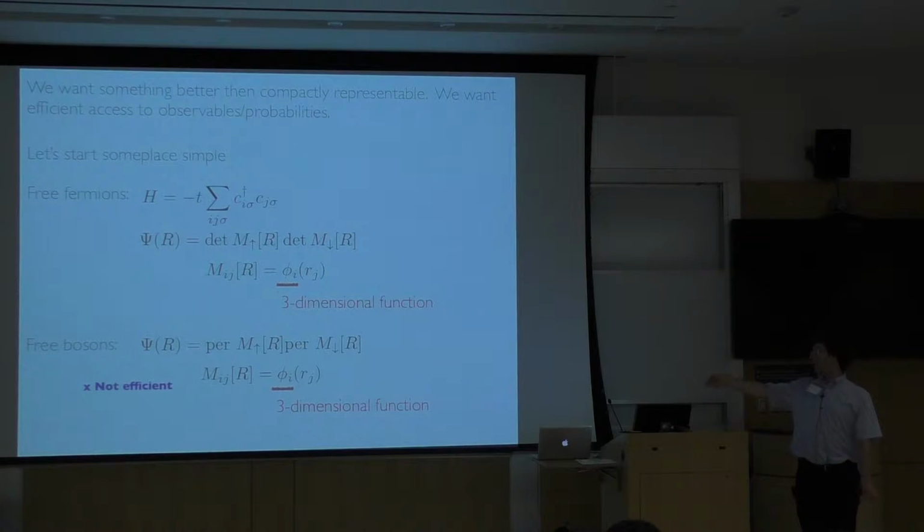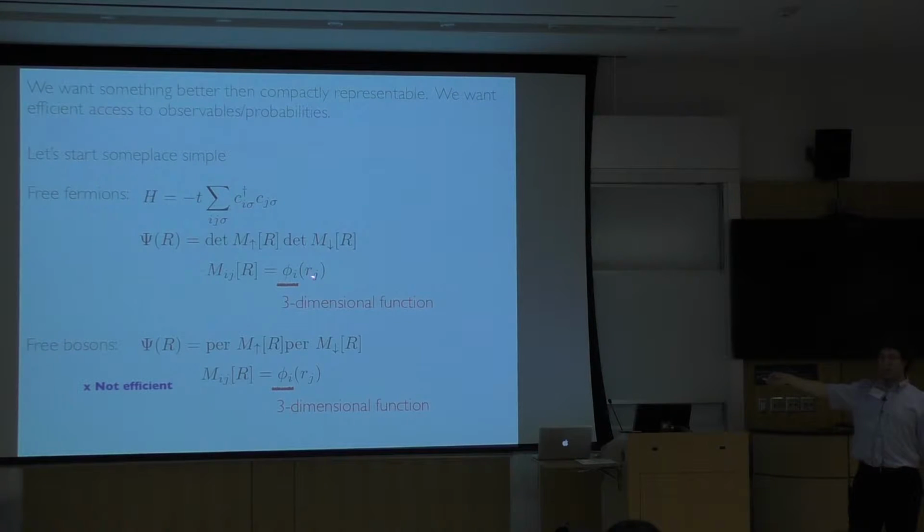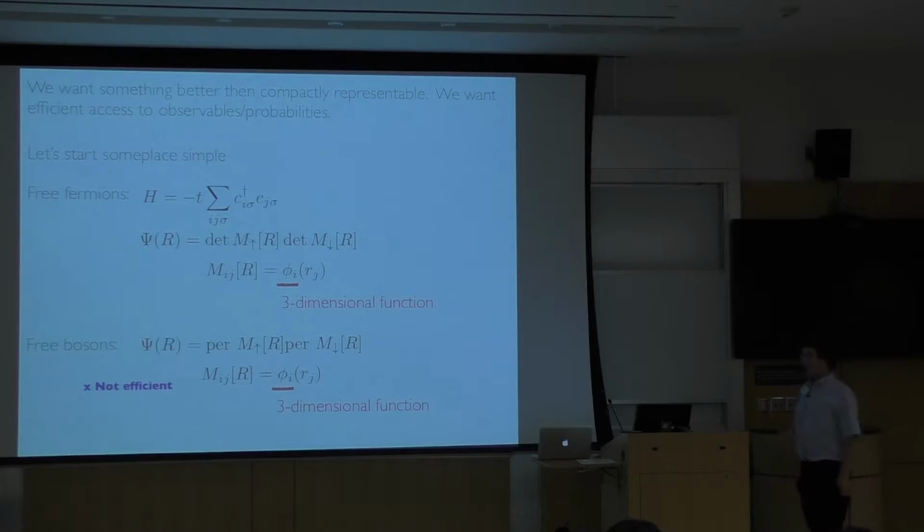Those single particle orbitals are three-dimensional functions. They eat the location of the jth particle. For the ith single particle orbital, that gives you the location of the Mij matrix elements, and then you take the determinant of it. Okay, I won't be so pedantic for the rest of the talk, but let's at least start everyone on the same page. And I'll be sloppy. Sometimes I'll write the determinant of one matrix, where implicitly I'll mean the determinant of a spin-up matrix times the determinant of a spin-down matrix.